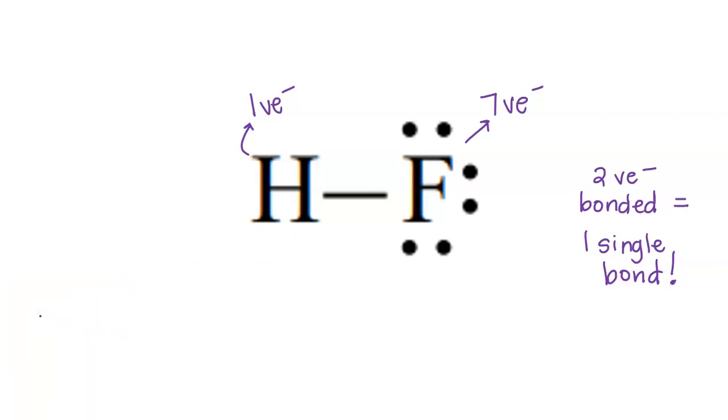Okay, so back at it. Let's get back to our hydrogen fluoride molecule. Basically, you're going to add all of these up. We have 1 valence electron plus 7 valence electrons, which gives us 8 valence electrons total in the molecule. Let's change our color again, just so I can show you what we're doing.